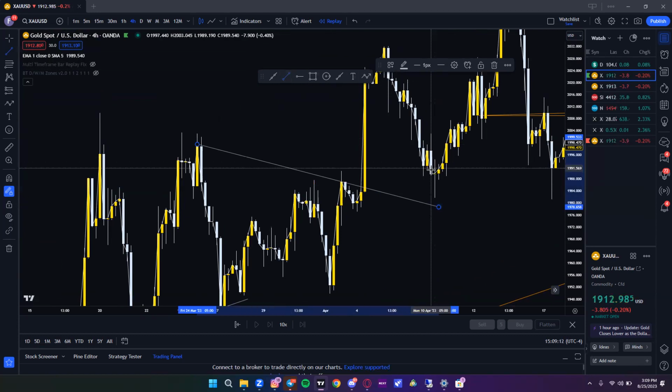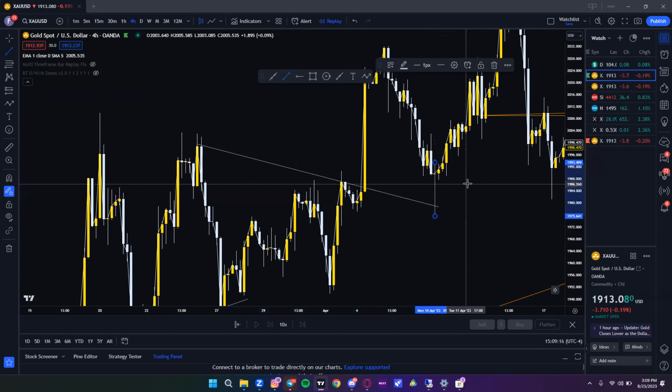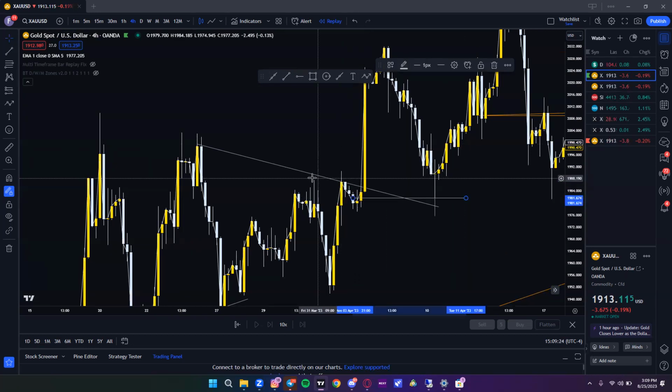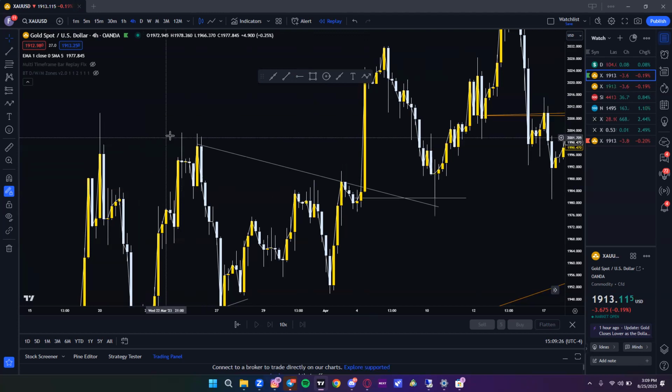Let's just say that, for example, this wick came down just like that. This is how you would use this trend line, and then your SNR level is here. So we have point 0.1, 0.2, 0.3.